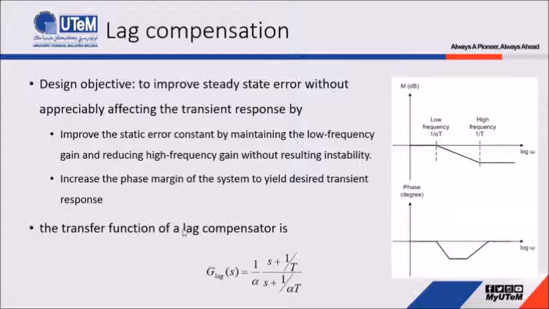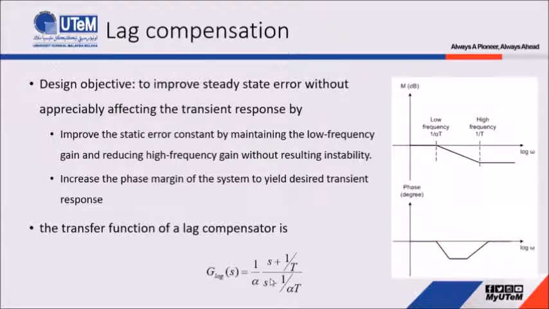The transfer function for the lag compensator that we can use to design this kind of compensator is G lag of s equals 1 over alpha times (s plus 1 over T) divided by (s plus 1 over alpha T).